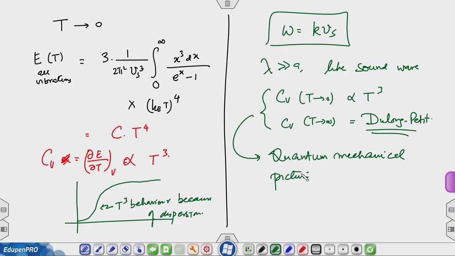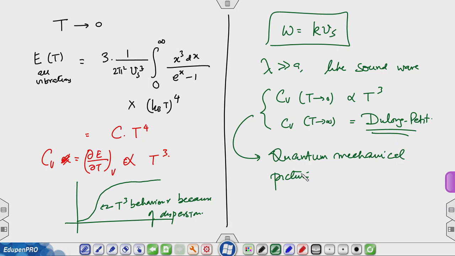So, the thing that becomes clear is that vibrations at this microscopic level have to be treated quantum mechanically, and with that everything falls in place. And if you take the dispersion to be sound like or light like, with the speed of sound replacing the speed of light, you get T cube behavior. If dispersion is something else, you will get slightly different behavior, but in the Debye model you get T cube behavior. If you take omega to be dispersionless, you get an exponentially decaying Cv as T goes to 0. So, everything falls in place.